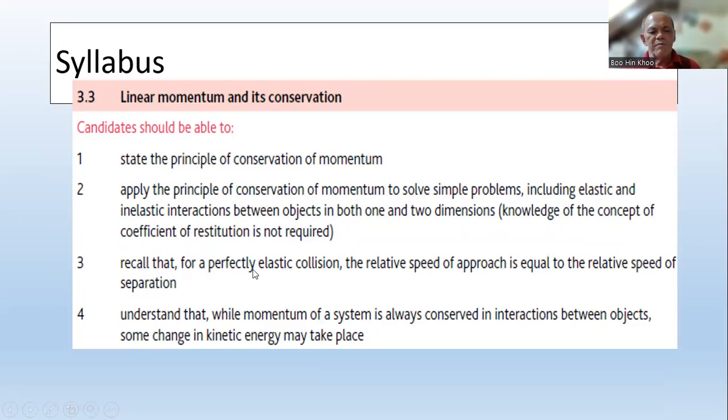Recall that for a perfectly elastic collision, the relative speed of approach is equal to the relative speed of separation. Right? Recall, we don't need to show how we get this. Understand that while the momentum of a system is always conserved in interaction between objects, some change in kinetic energy may take place.